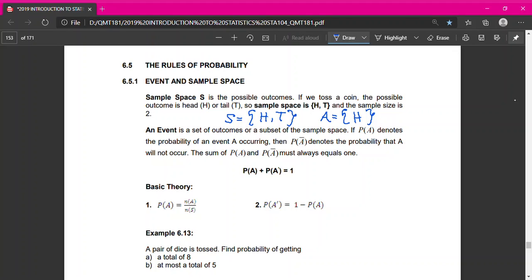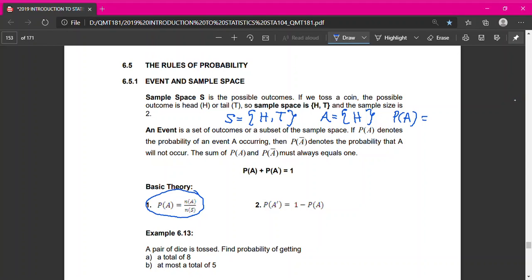H dan juga T. Okay, A ni adalah event. Any event yang sebahagian daripada sample space. Sekarang nak cari probability of event A. So nak cari probability, ini dia punya theorem, which is sample size in event A divide dengan sample size in sample space.